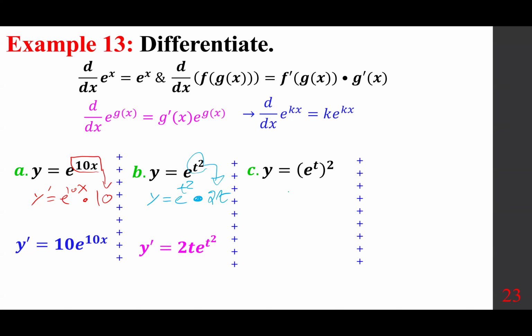First, I'm going to rewrite it as e to the power of 2t. It makes it easier to deal with. Then I'm going to write y prime is itself times what? The derivative of 2t. 2. I put it in front. We are done.